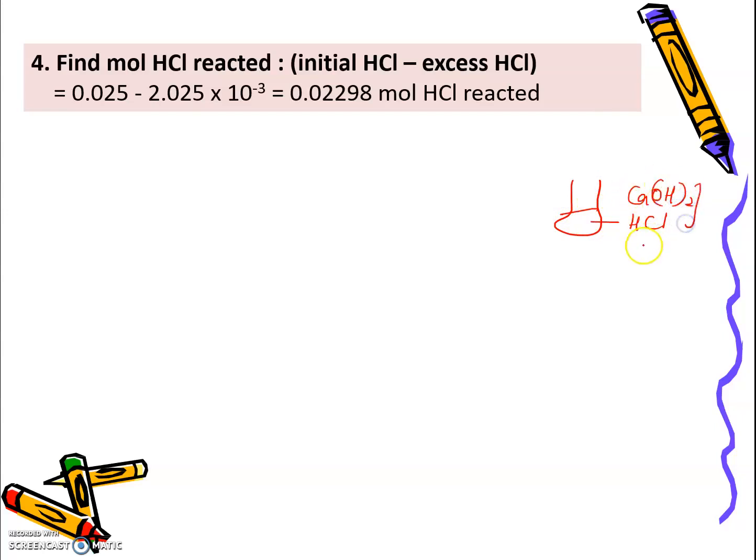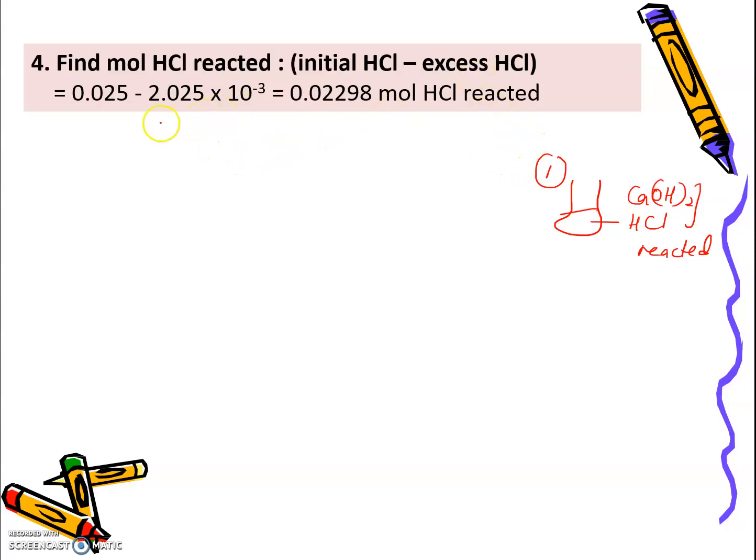From drawing number 1, to know the number of mole reacted HCl, initial total HCl, which does not react yet, minus excess, yang lebihan, so we will get the number of mole of reacted.